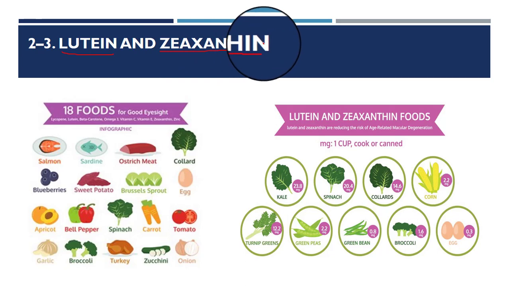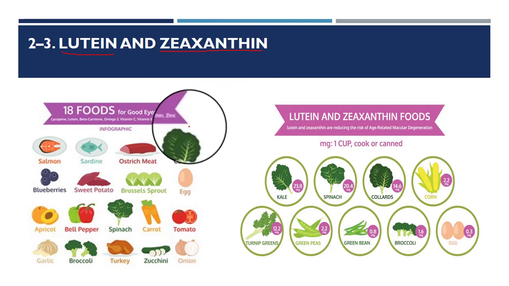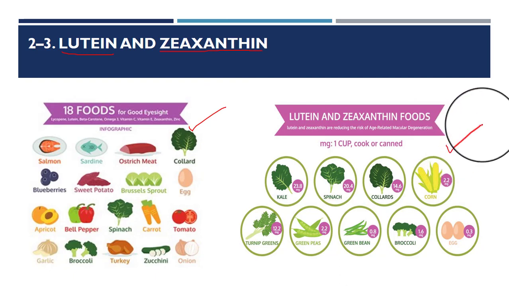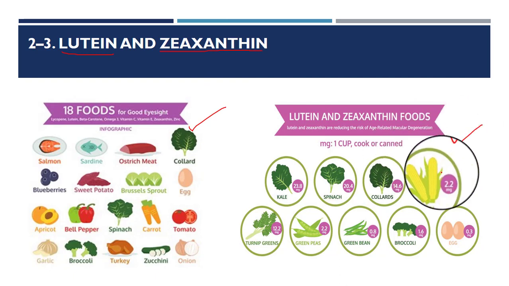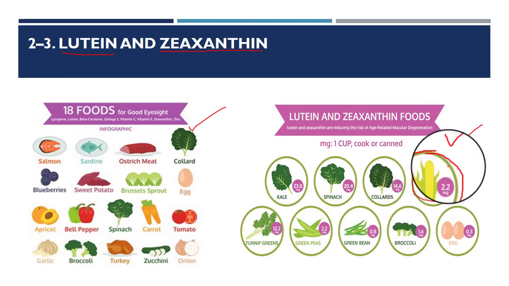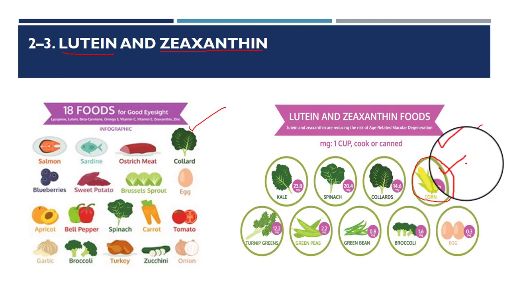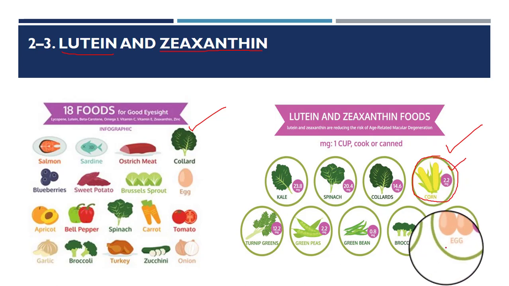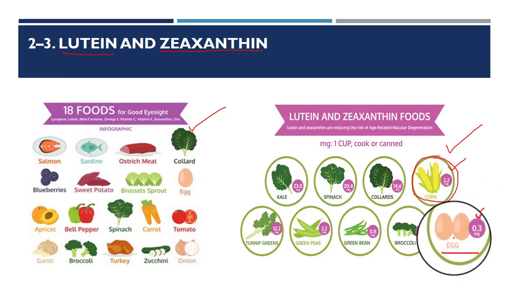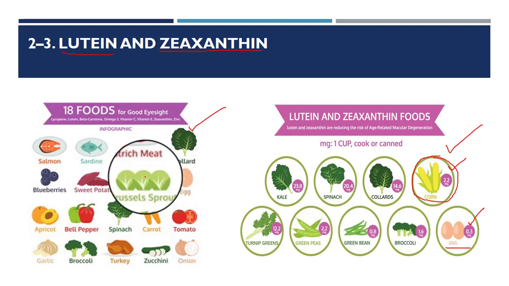Now, what are the natural sources for lutein and zeaxanthin that one can try if they have a deficiency of lutein and zeaxanthin? So firstly, eggs. Eggs are the richest source of lutein and zeaxanthin, especially the yolk of the egg, that yellowish part of the egg.